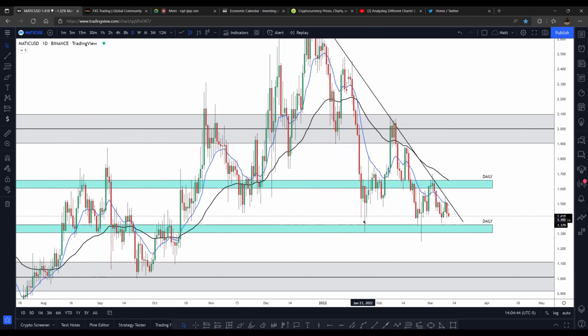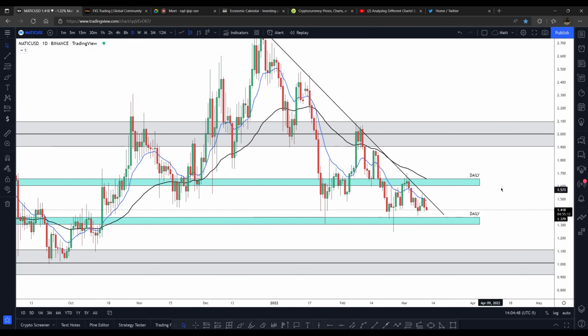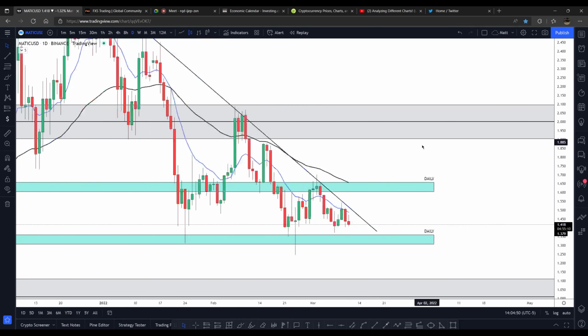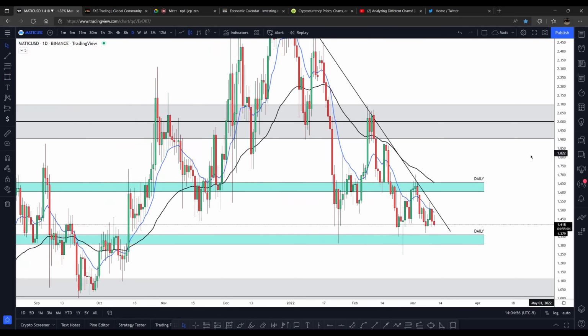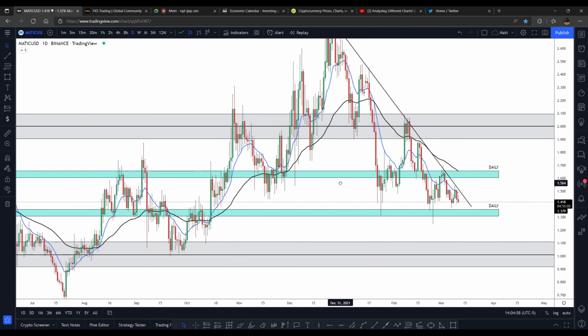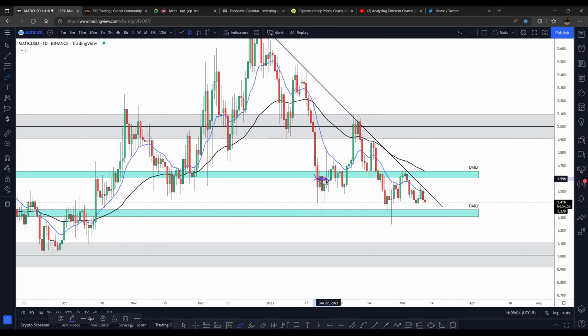So I'm not looking at the most extreme prices. I'm not looking at any price imbalances, like the one we had over here. This is a bit different, where I'm basically looking at where we've had the most rejections in the past. So we've had this region act as resistance temporarily, then it acted as support, then resistance. I'm looking at where we've been rejected the most in the past.